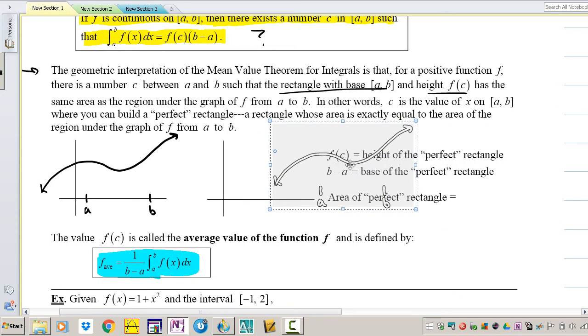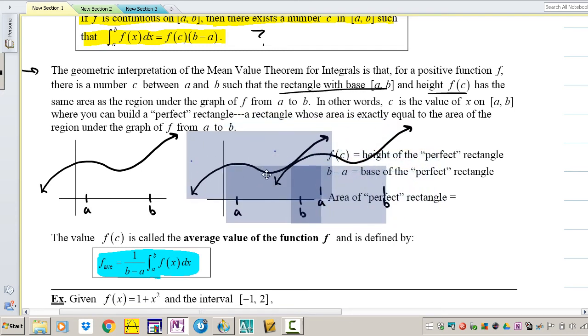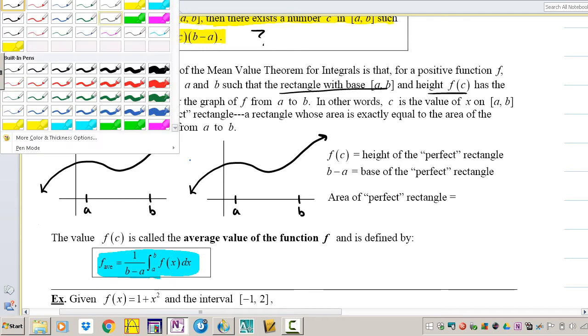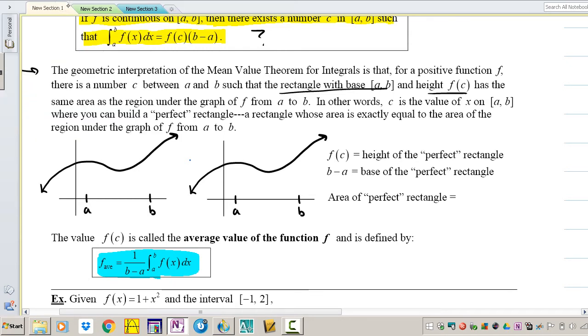So the mean value theorem says that there must be a rectangle which has the same area as the area below the graph of f. When you learned integrals, you learned that when you're taking the integral from a to b, you're simply taking the area under the curve from x equals a to x equals b.